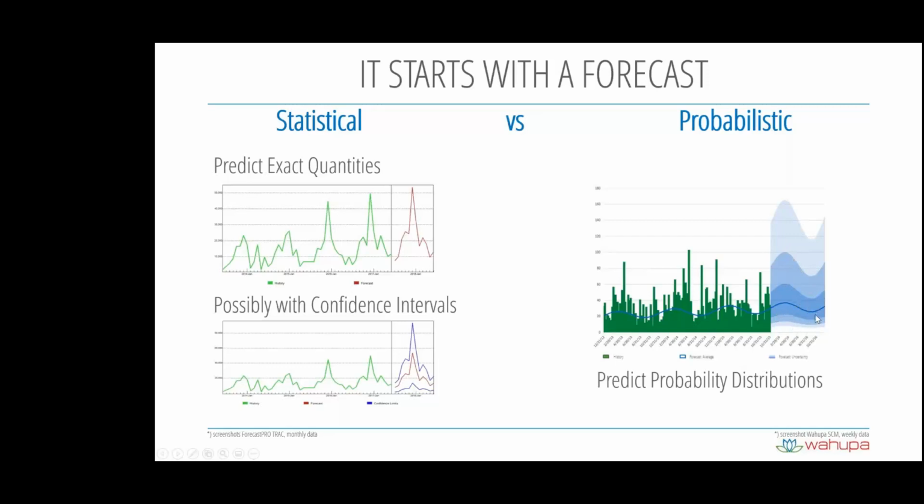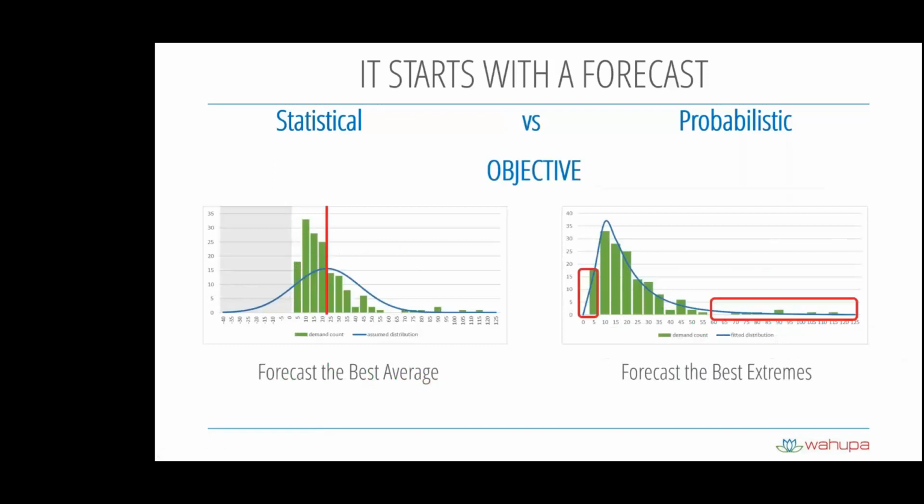So it's not a single distribution that's homogeneous over time. Every single time period, whether that's a day or a week or a month, doesn't matter, will have its own distribution, just like a forecast that's built in a statistical way, but a little bit more advanced.